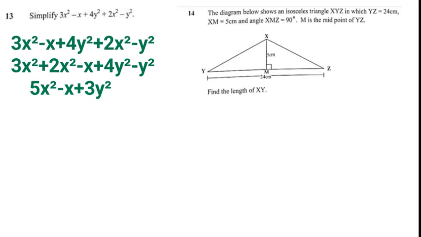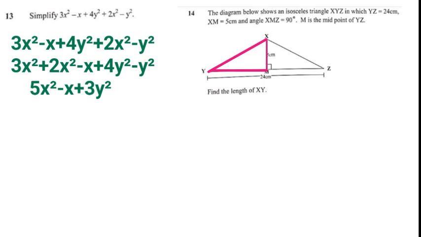So the length we want to find is this one, the one I've drawn in pink. To find the length of XY, we're going to consider just this part of the entire triangle, this one here.